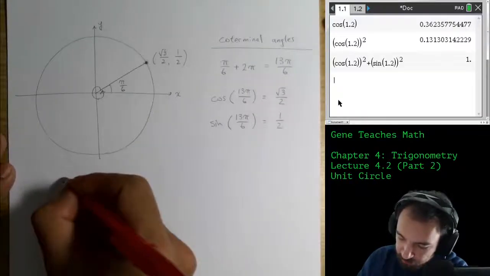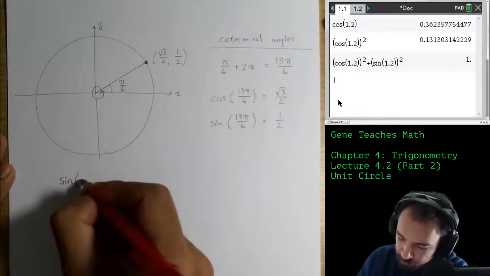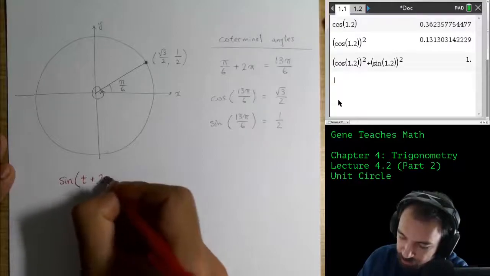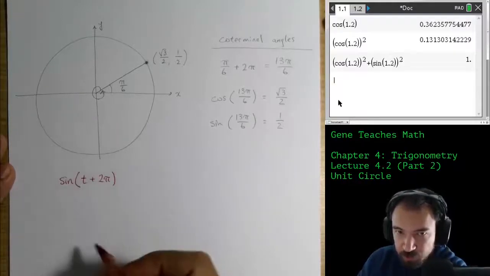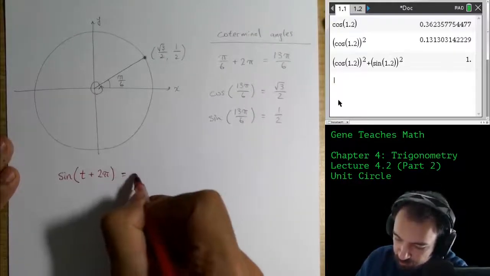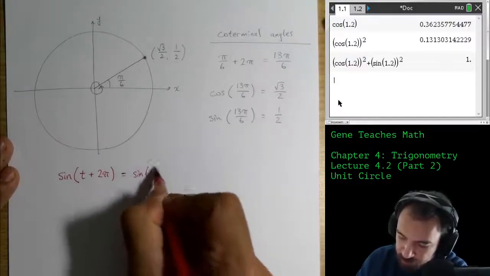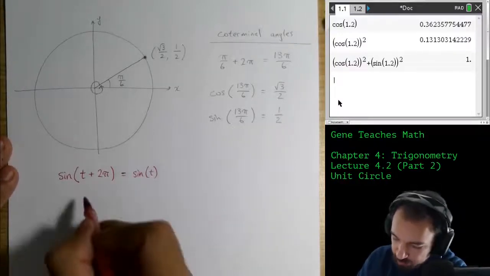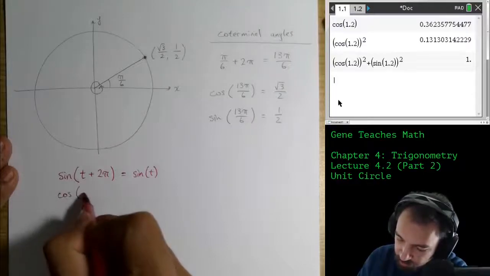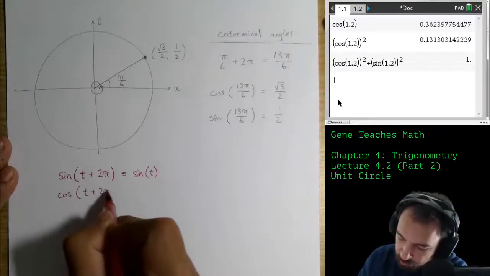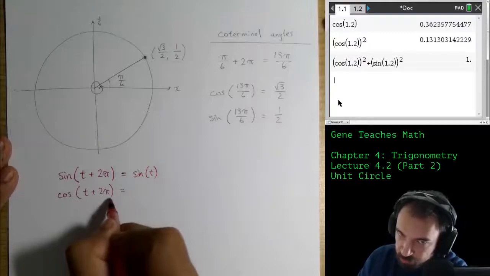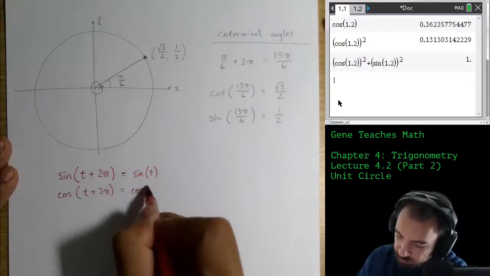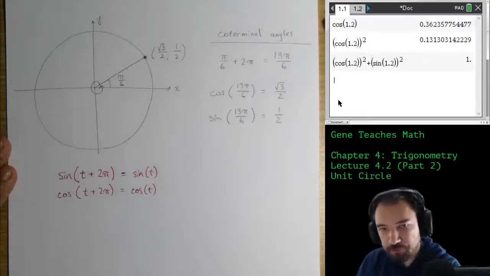We can say that for any angle t, if we add 2 pi to that angle, meaning we have a coterminal angle, then we get the same value for sine as the original angle. Same thing with cosine. Cosine of t plus 2 pi, this is coterminal with t, so the value is the same as cosine of regular t.